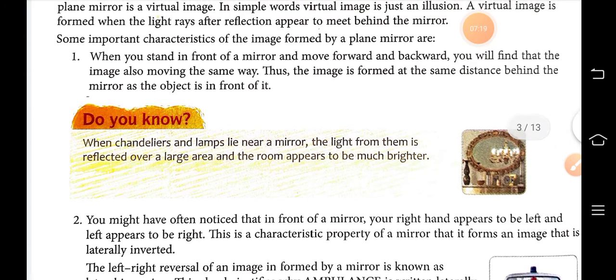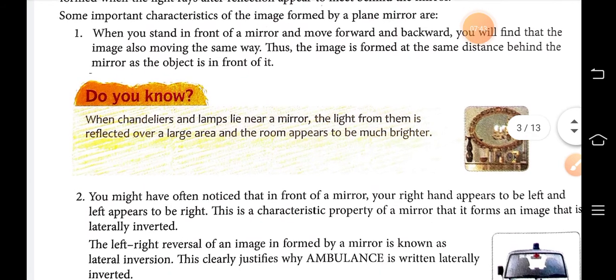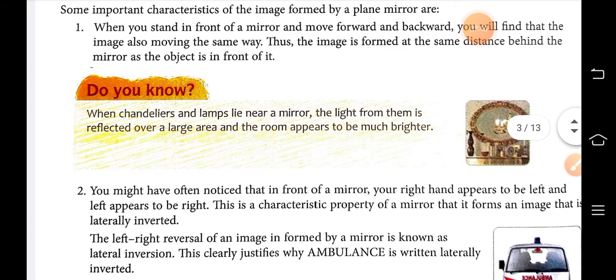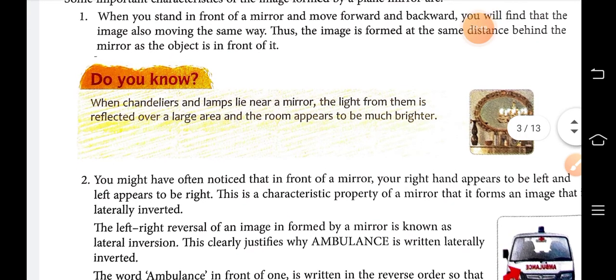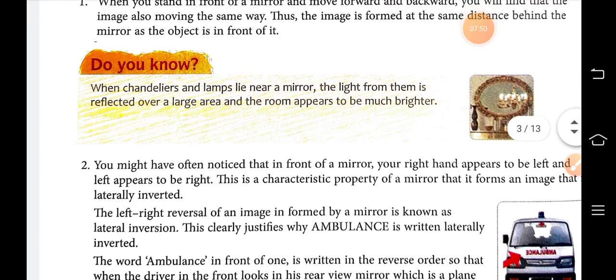If we go backward, the image in the mirror also seems to go backward, and if we come forward, closer to the mirror, the image also seems to come closer. So this is the first characteristic of the image formed by a mirror: it forms at the same distance behind the mirror as the object is in front of it.